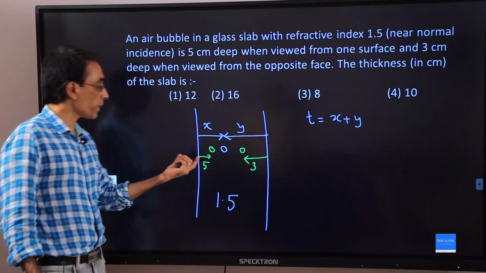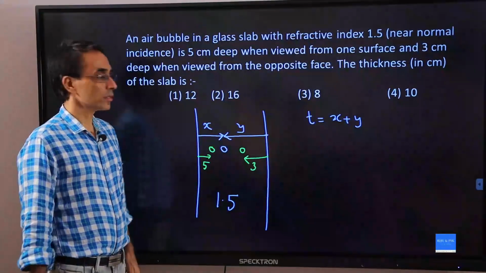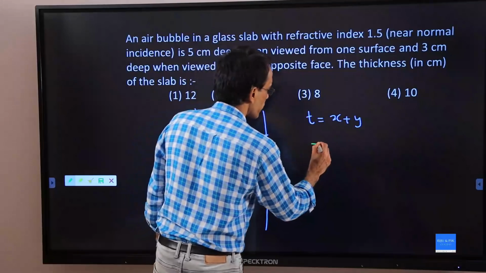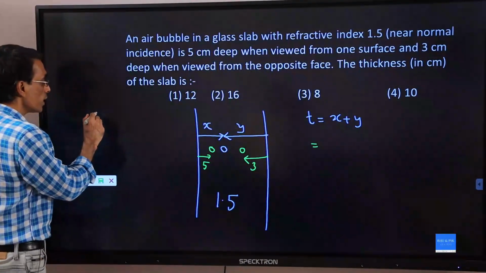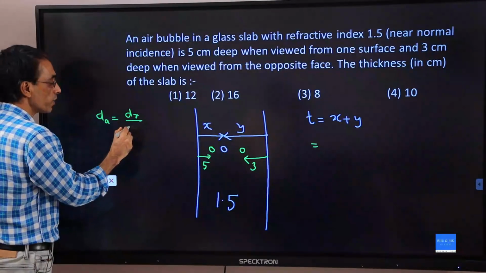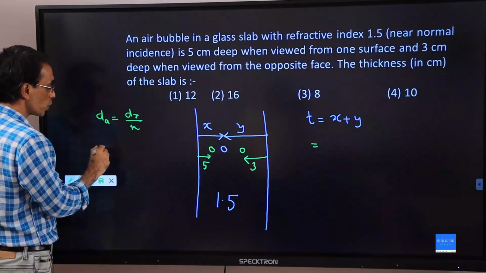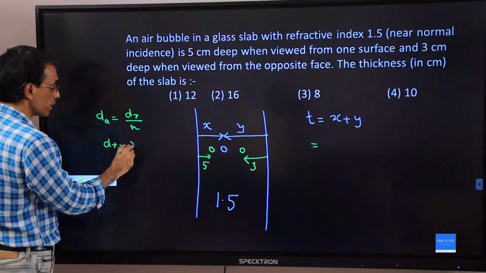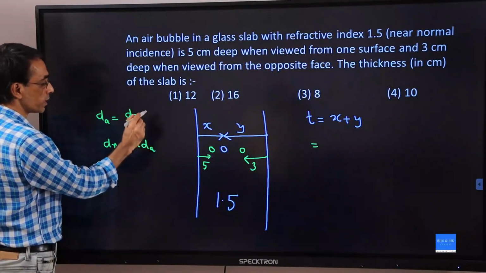This is apparent depth, this is actual depth. So what is actual depth x? We know the equation, d apparent is equal to d real divided by refractive index. So d real is nothing but refractive index into apparent depth.